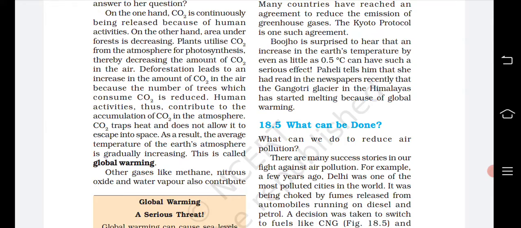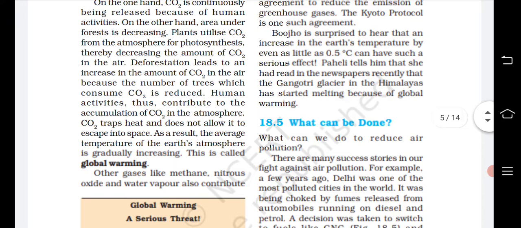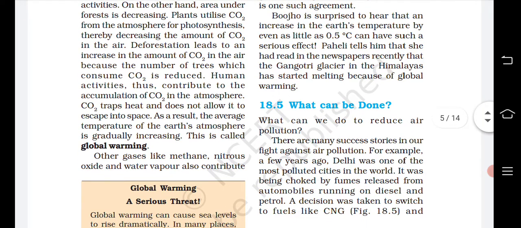This deforestation leads to an increase in the amount of CO2 in the air because the number of trees which consume CO2 is reduced. But by human activities, we always contribute carbon dioxide in the atmosphere. Okay. And finally, this CO2 traps heat and does not allow it to escape into space. As a result, the average temperature of the Earth's atmosphere is gradually increasing, and this is called global warming. Okay.